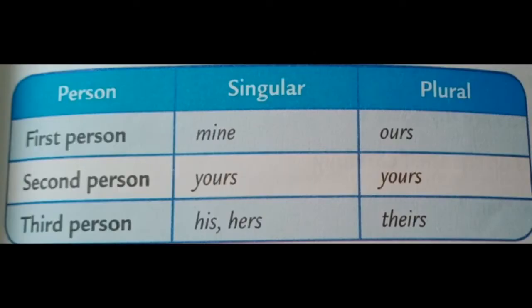And then, possessive pronouns have different forms depending on their number and person. Look at this table, children. Person, singular, plural. First person, singular is mine, plural is ours.